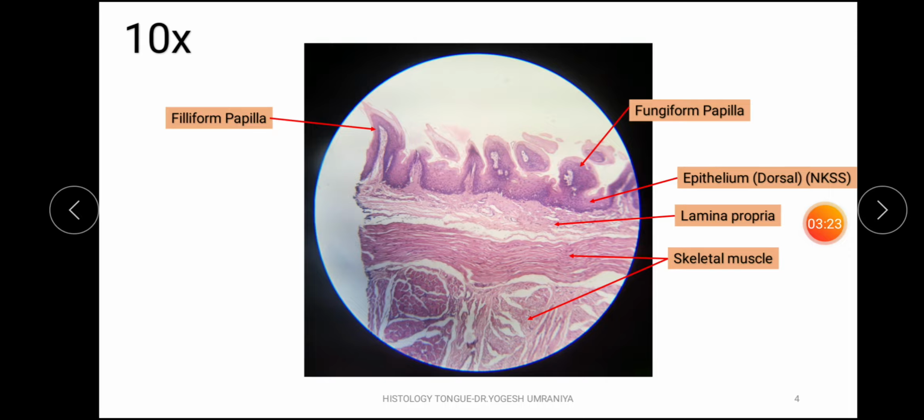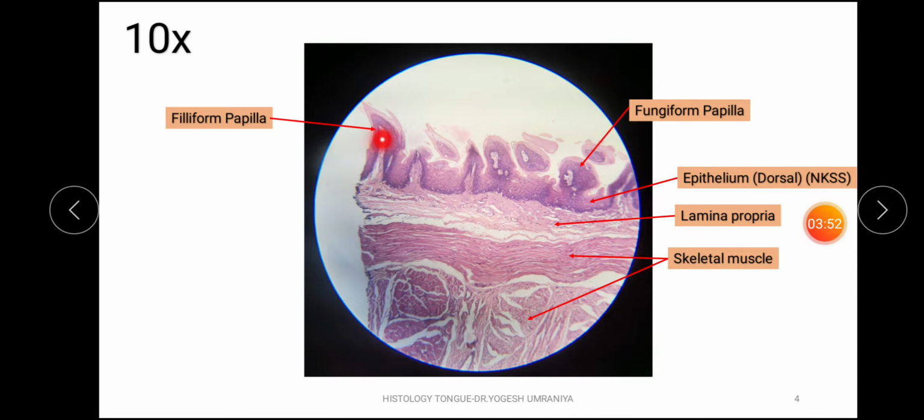Again you can see the dorsal epithelium here, which is non-keratinized stratified squamous epithelium. And in this epithelium you can see various types of papillae, the papillary projections. First, this is the conical projection of the lamina propria under the epithelium, and this is termed the filiform papillae, which does not have taste buds.